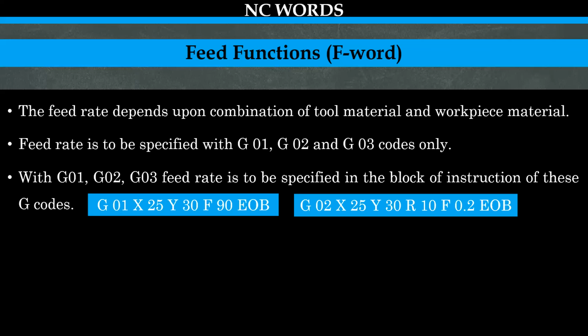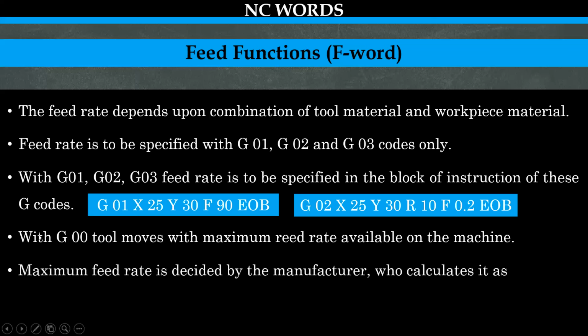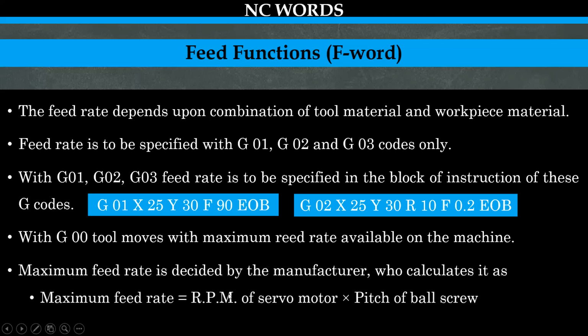But with G00, we don't have to specify the feed rate, because G01, 02, 03 are in the control of the programmer, whereas G00 is not in the control of the programmer, because G00 is the maximum feed rate, which is decided by the manufacturer, who calculates it as maximum feed rate equal to RPM of servo motor into pitch of the ball screw, which gives us 3000 RPM into 3 pitch as 9000 mm per minute as the maximum feed rate.